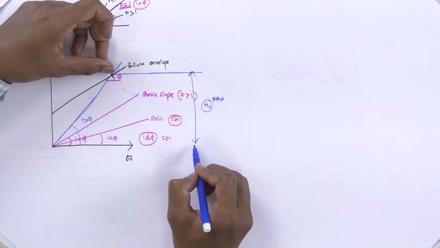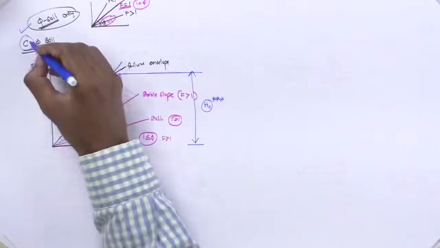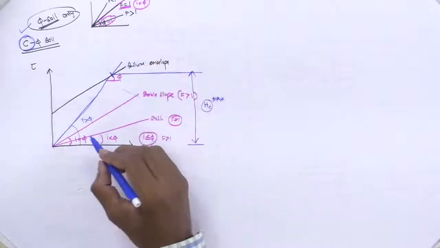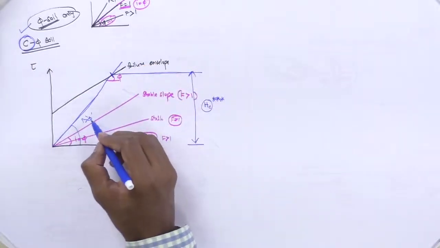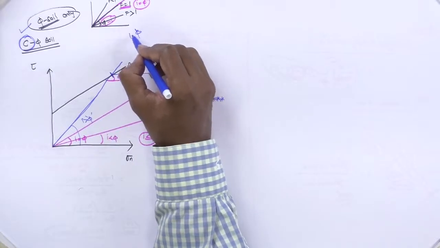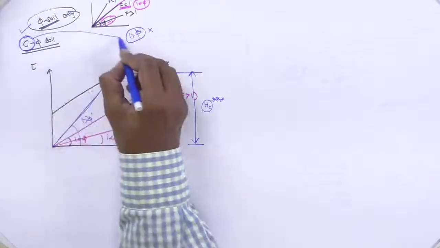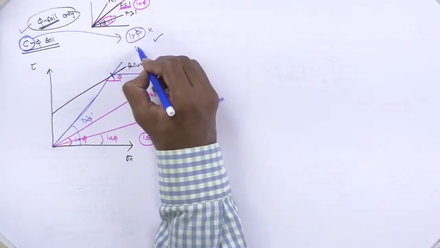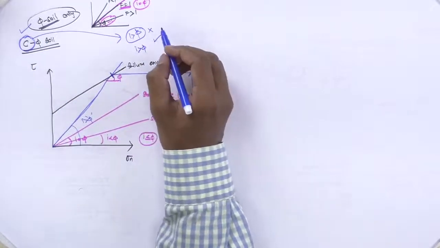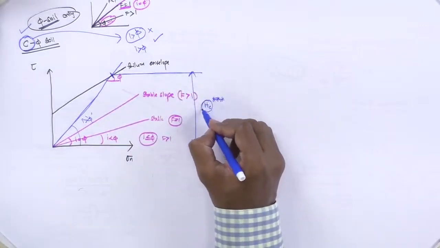That respective height is taken as the critical height. So the cohesiveness of the soil helps us to form a steeper slope than phi. In the phi soil case you cannot form a slope greater than phi, it is definitely not possible. Cohesiveness of soil helps to make a slope greater than phi, but it works up to a certain height only. That height is known as the critical height.